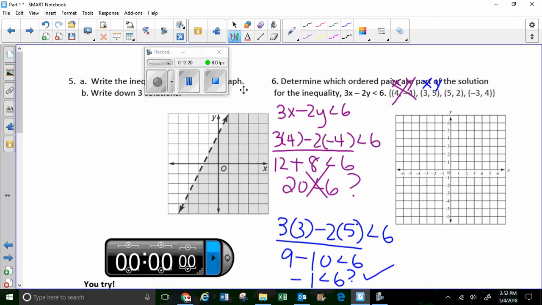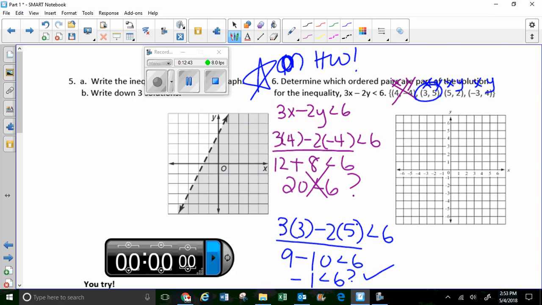Yes. So 3, 5 would be a solution. So you can continue with this and plug in 5, 2, plug in -3, 4, and see if they work. And that would be the way to do it if you didn't have a grid. So hint, hint, you're going to do it this way on your homework. Okay? So keep that in mind.